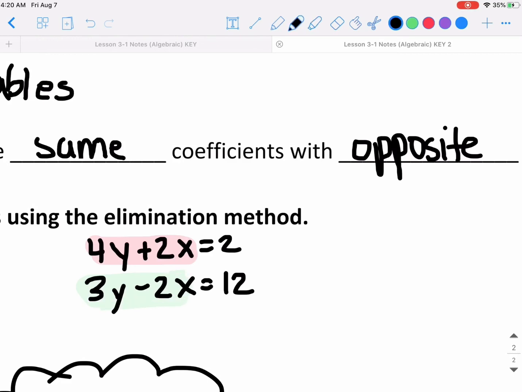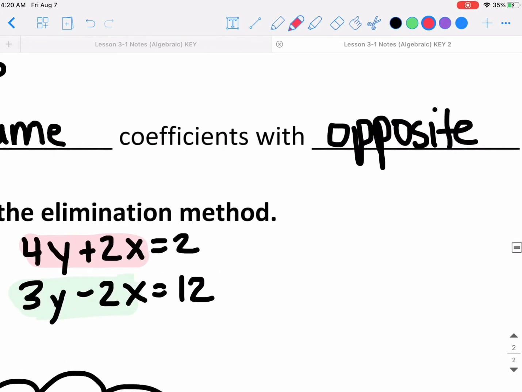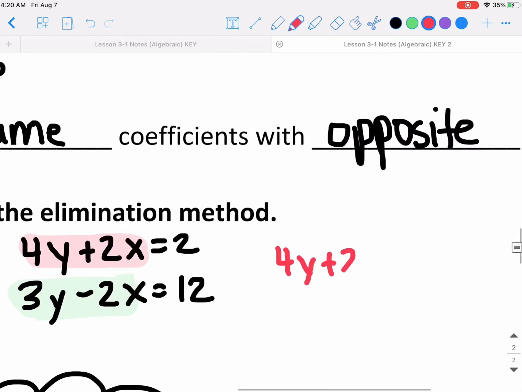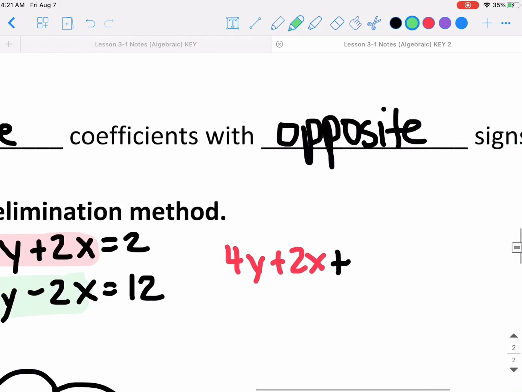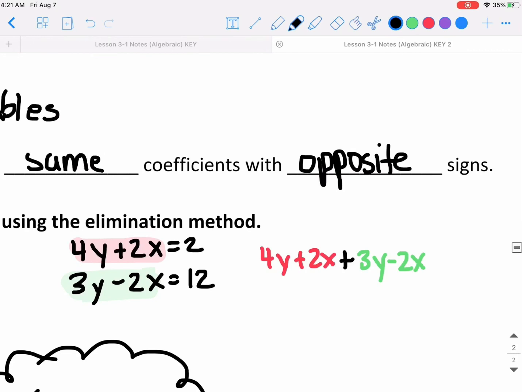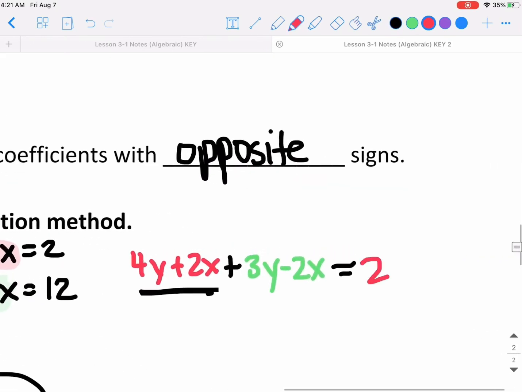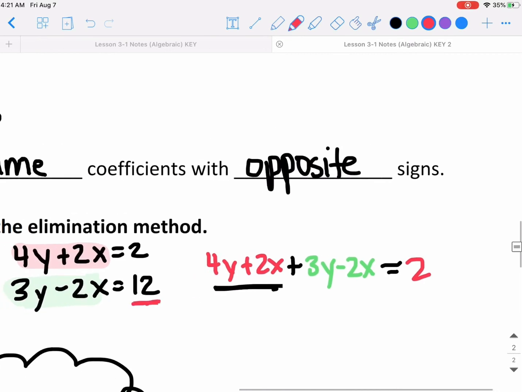So if I add these together, I have 4y plus 2x and 3y minus 2x. I know that this is worth 2, and this is worth 12. So it would have to total to 14 if I added these two expressions together.